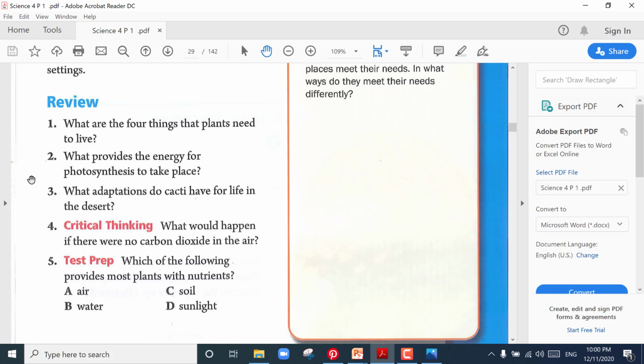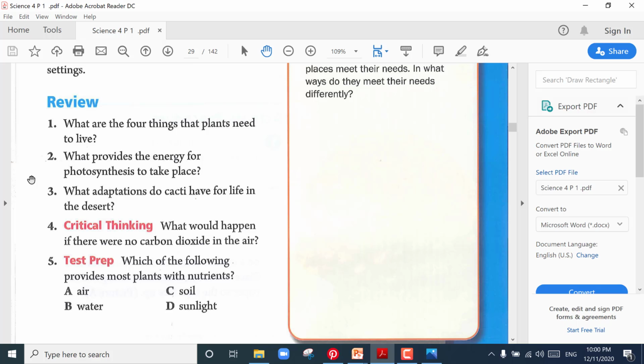Okay, question number 3, what adaptation do cacti or cactus have for life in the desert? We said that plants adapt to the environment that they live in. So cactus or cacti live in the desert. The desert is so hot.